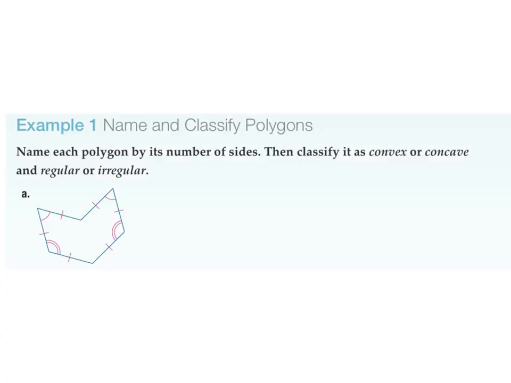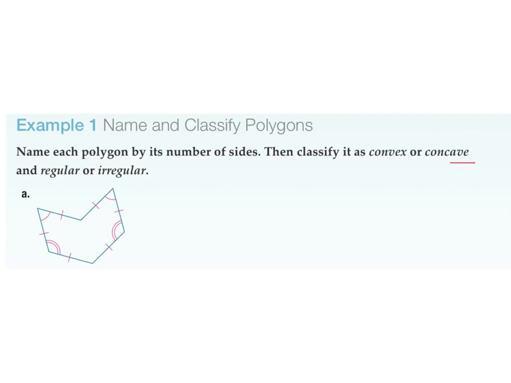Okay, before we get on to example 1, which is classifying polygons, let's talk a little bit about convex and concave. Basically, polygons will come in either one or the other. To me, I look for little things, as you know me now. For instance, the last letters.